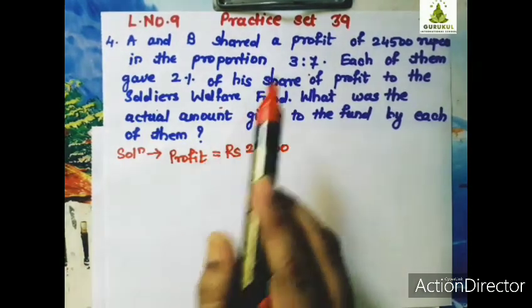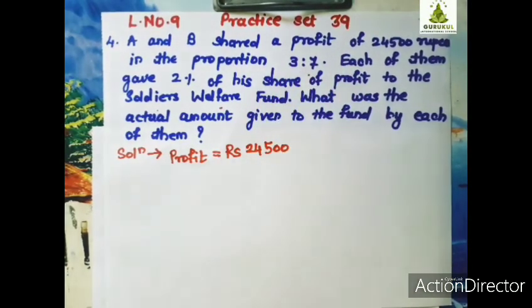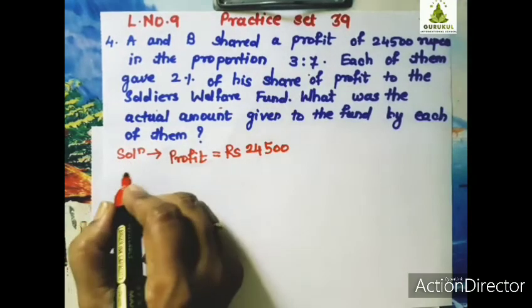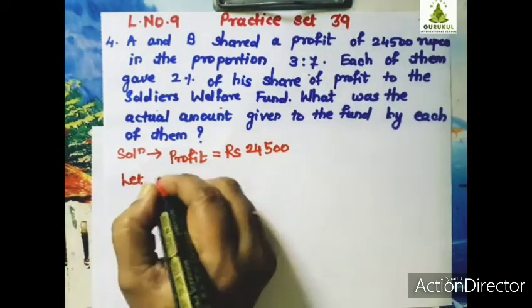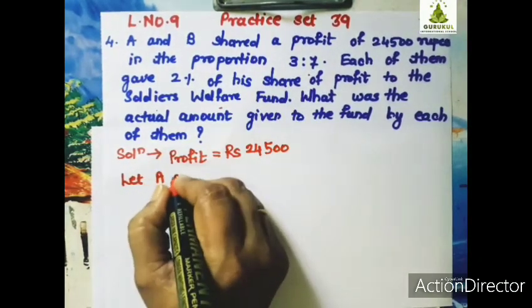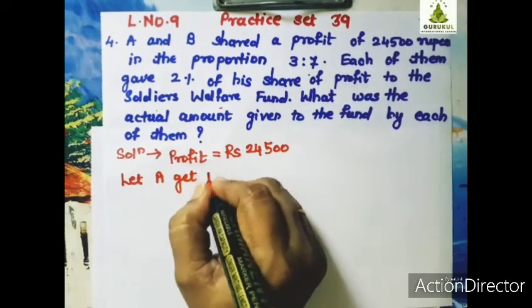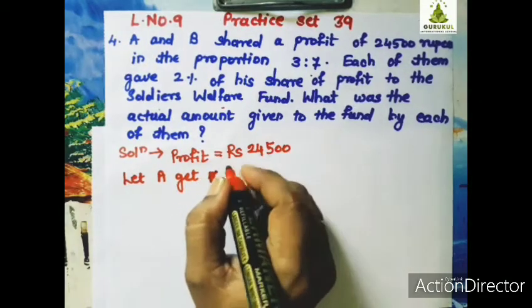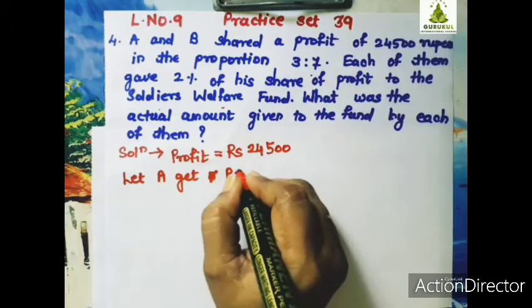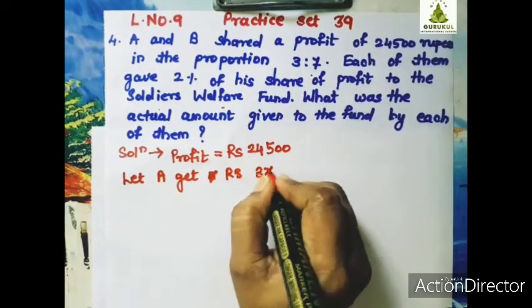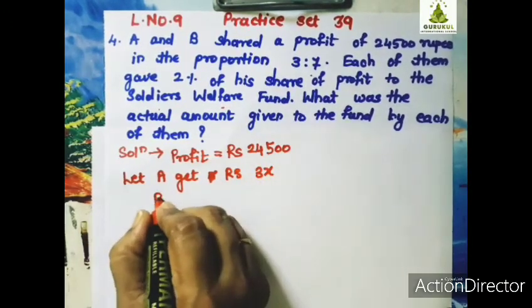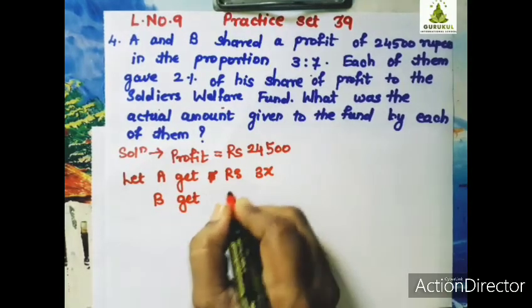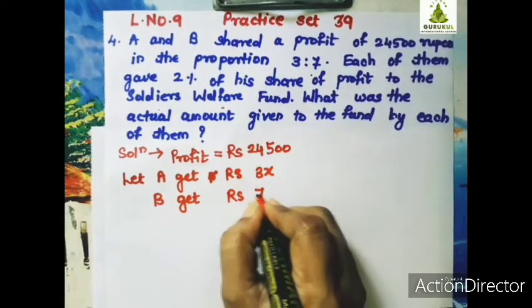Now it was in the proportion 3:7. So we can write, let A get rupees 3x and B get rupees 7x.